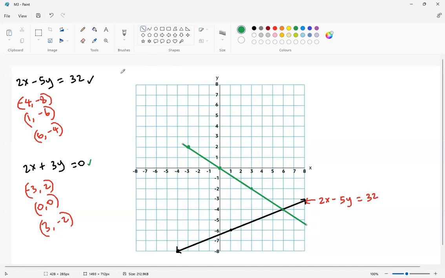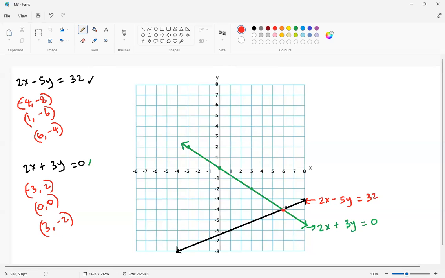Now this one is for 2x plus 3y is equal to 0. Now, what will be the solution to these two equations? The solution will be the point where these two lines meet, the intersection point, which is this one, where both lines meet.